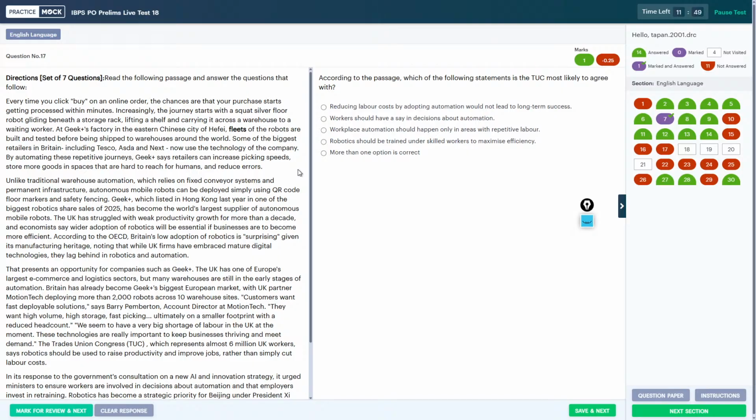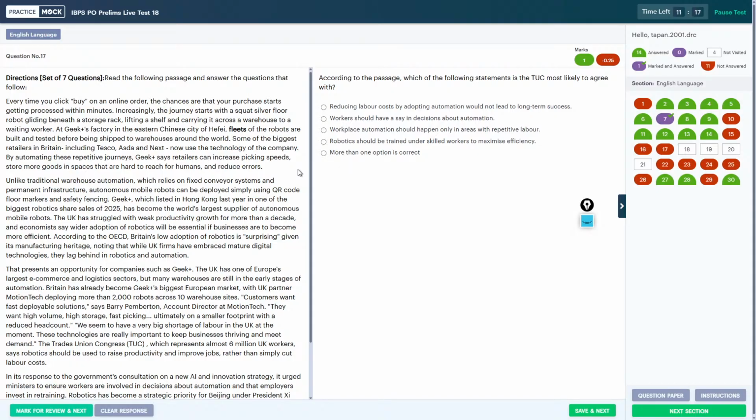Unlike traditional warehouse automation, which relies on fixed conveyor systems and permanent infrastructure, autonomous mobile robots can be deployed simply using QR codes, floor markers, and safety fencing. Geek Plus, which listed in Hong Kong last year in one of the biggest robotics share sales of 2025, has become the world's largest supplier of autonomous mobile robots.